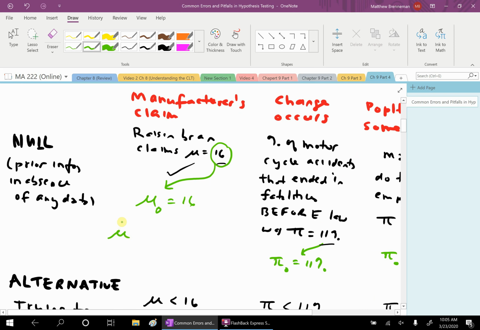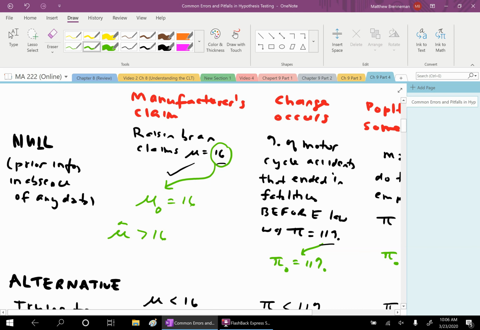If you found, for example, that the sample average was greater than 16, could you use that as evidence that the population mean is less than 16? Well, think about it for a minute. You go into a court of law, the judge says, okay, what are you trying to show? And you say, well, Your Honor, I'm here to show that Raisin Bran's ripping off their customers and the average weight in their boxes is actually less than the advertised amount of 16 ounces.